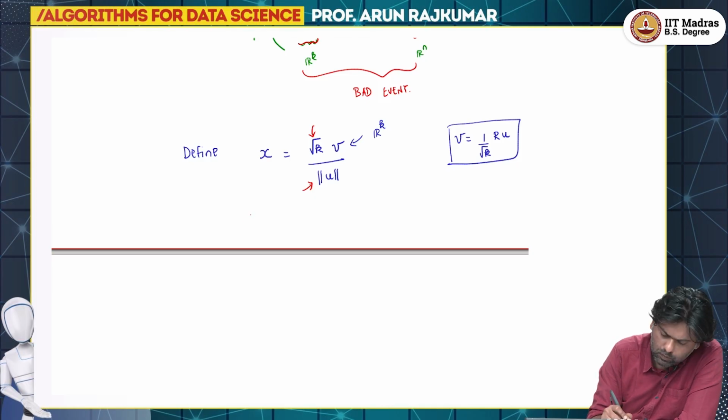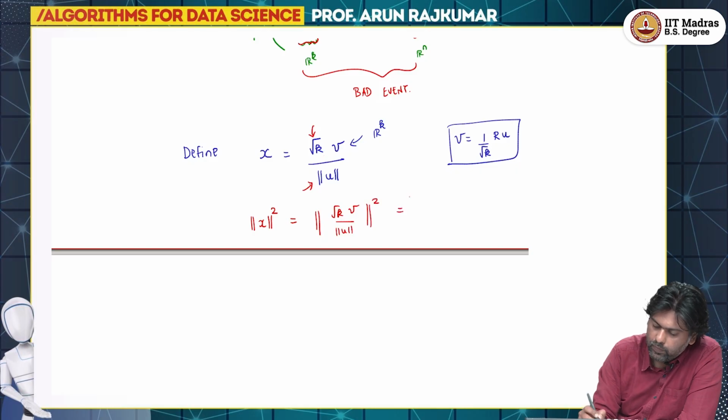Now, what is the first thing? What is the length of x squared? Well, this is the length of square root k V by norm u, squared, which is square root k squared, that is k, norm u squared is a constant, and then this is norm V squared. So the length of x squared is just k times norm V squared by norm u squared.